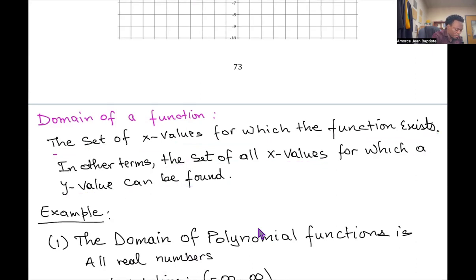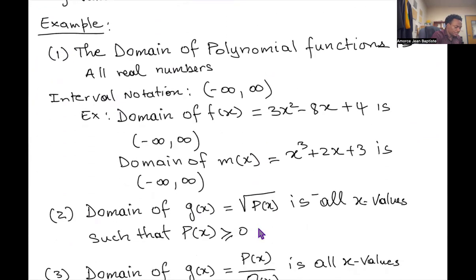And so here are some examples. For example, first, if a function is a polynomial function, for a polynomial function, the domain will be all real numbers, always. For example, f of x equals 3x squared minus 8x plus 4.